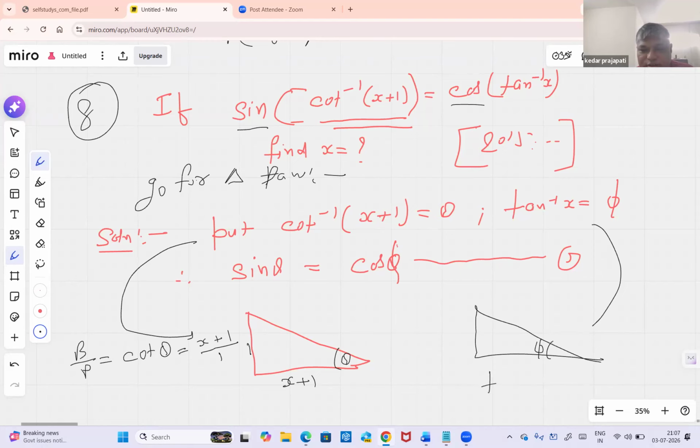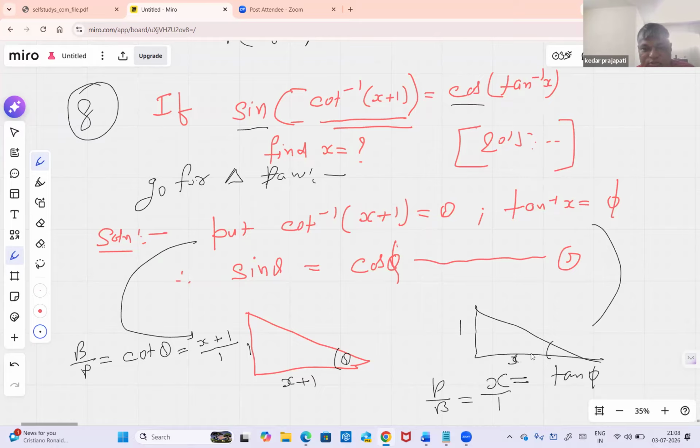Here you will get tan phi. I keep on writing the other way around. x equal to tan phi, that is p by b. So this is 1, this is x.